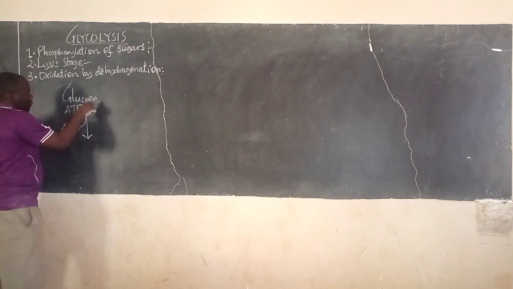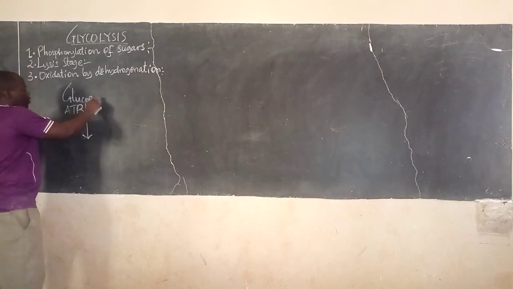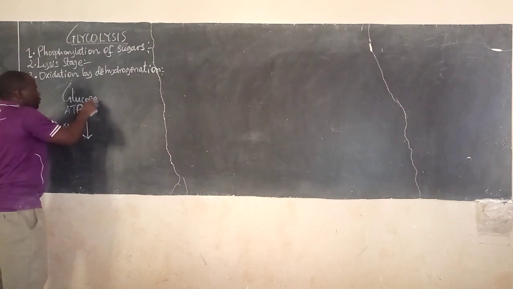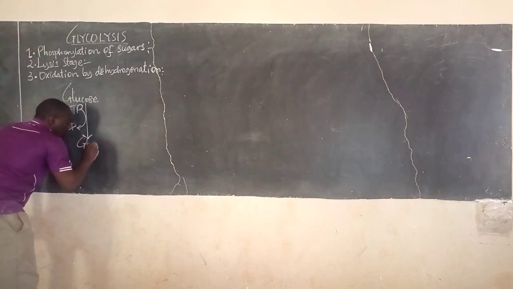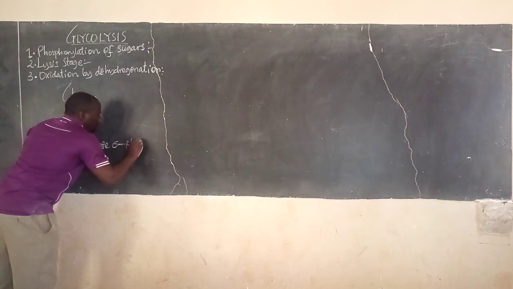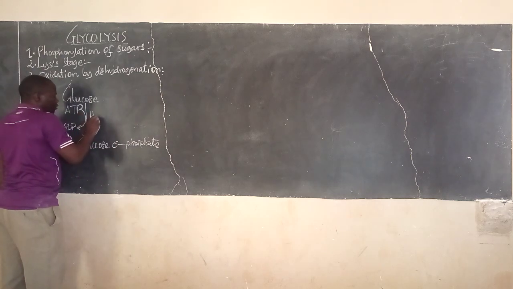So one inorganic phosphate is going to be added to this glucose, at the sixth position of carbon of the glucose, to form glucose 6-phosphate.